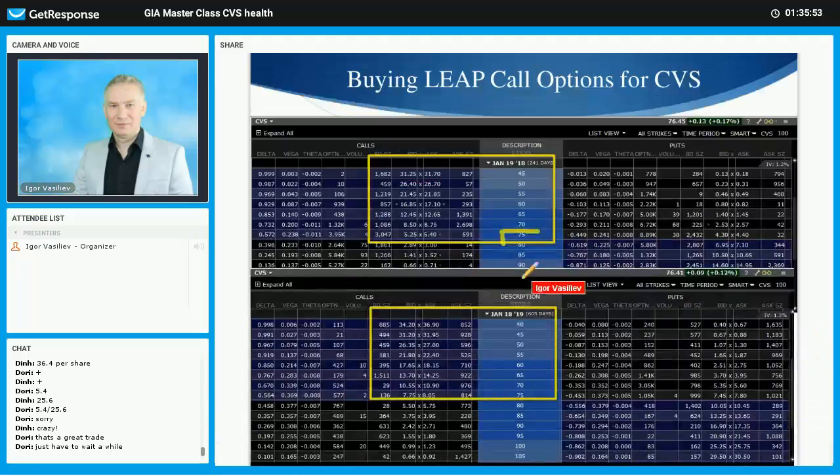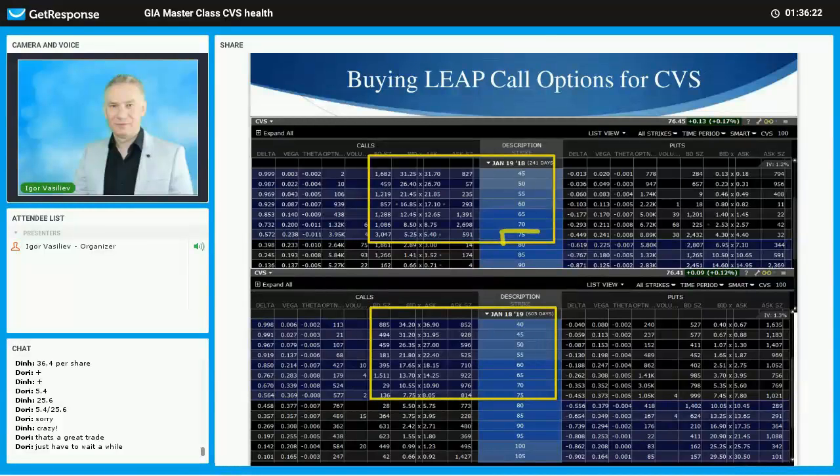Now, how can you protect yourself in this particular case? Because our main risk here is time, and we know that Walgreens, CVS Health, they said that this year they are going to be flat in earnings.